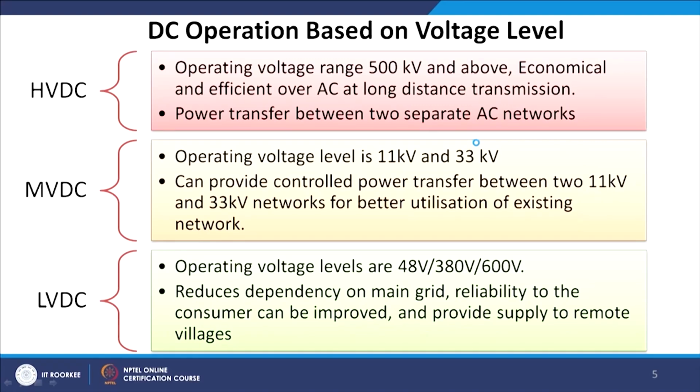Finally, the LVDC operating voltage levels are 48 volts, 380 volts and 600 volts, but 48 volts seems reasonable for residential applications. It reduces dependency on the main grid, reliability to the consumer can be improved, and it can provide supply to remote villages.